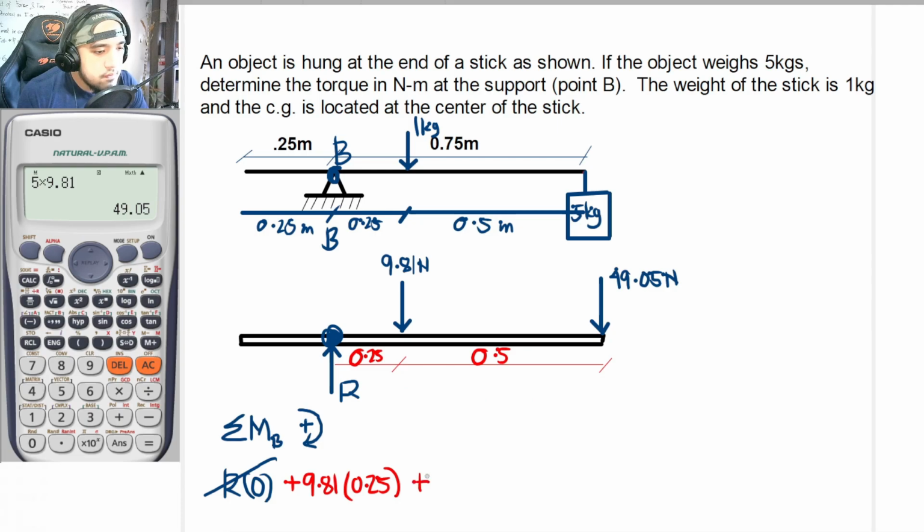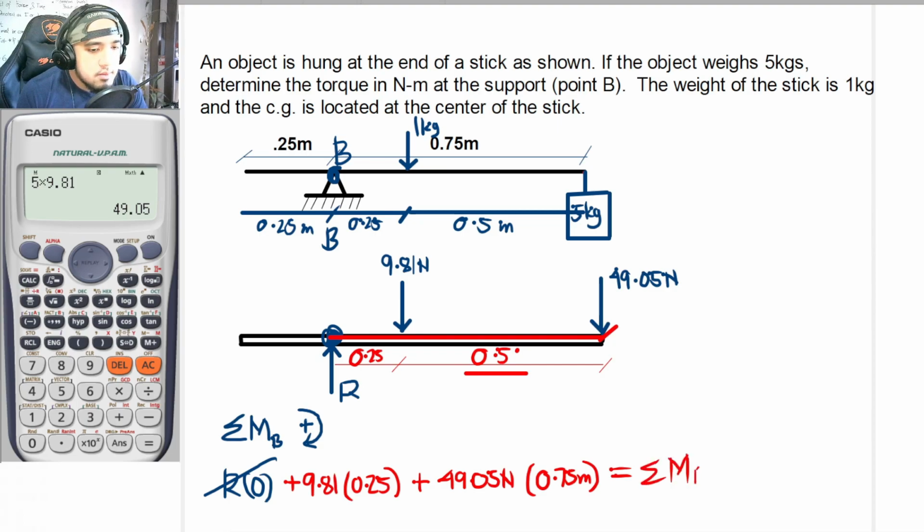So positive 49.05 newtons times the lever arm, and the lever arm is not 0.5. It is measured from this point up until this point. So in other words, it is 0.25 plus 0.5, thus 0.75 meters. So this is basically the summation of moment at B.